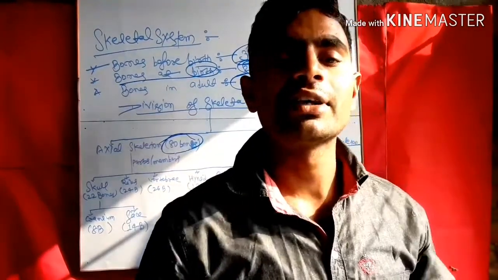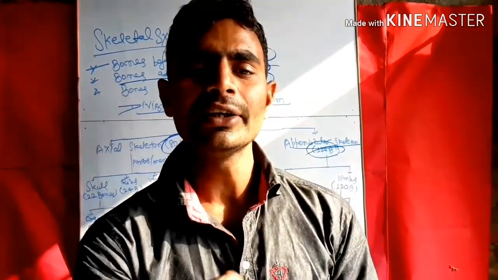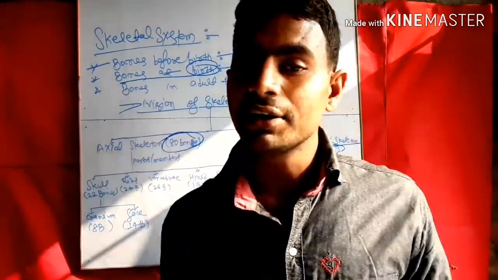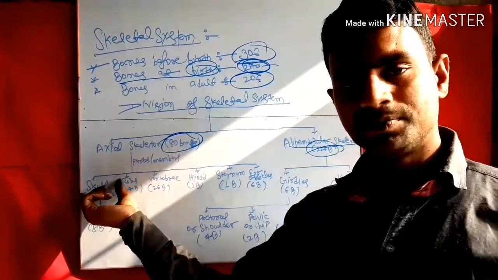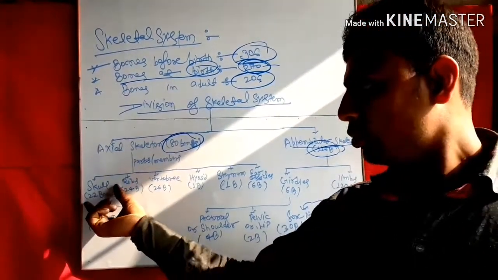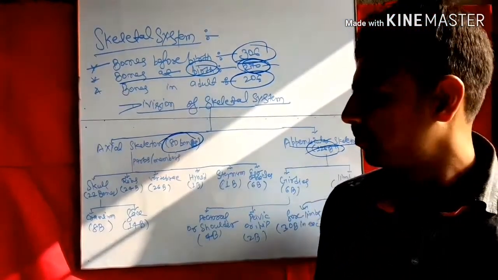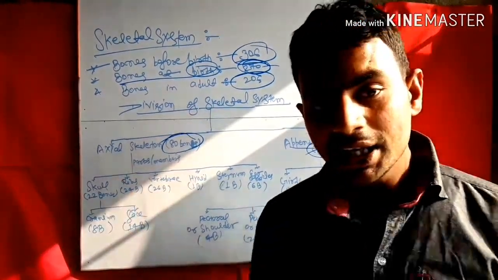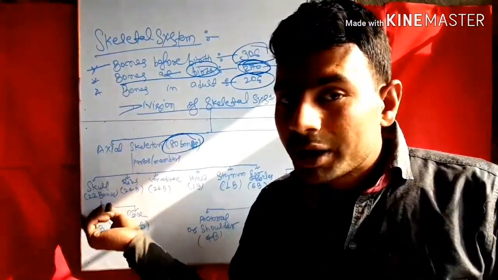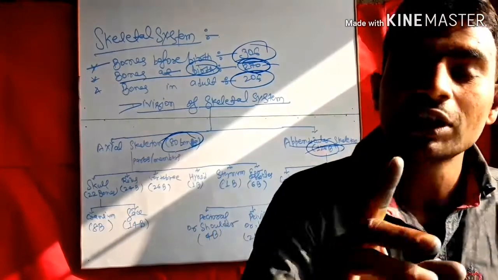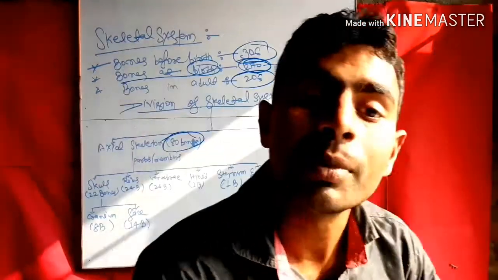Which parts are present in the axial skeleton? The axial skeleton is also divided. First is the skull. In the skull, 22 bones are present, and the skull is also divided into two parts: one is the cranium part and the other is the face part.